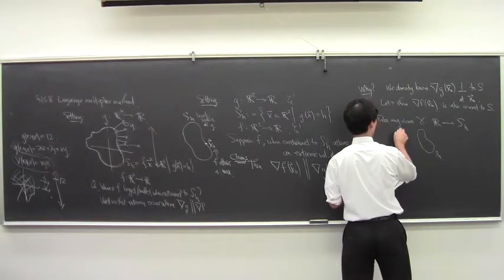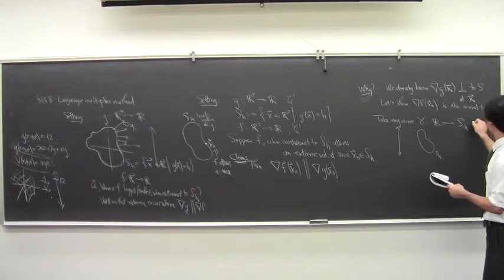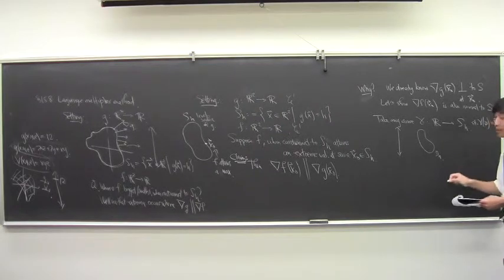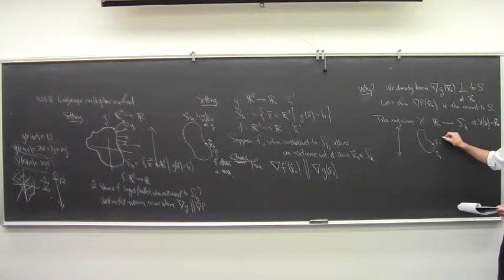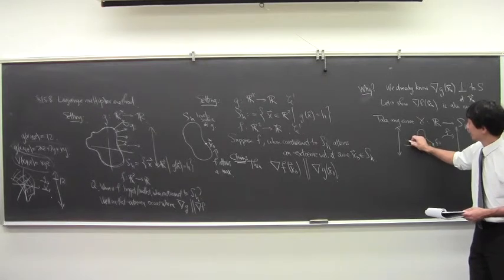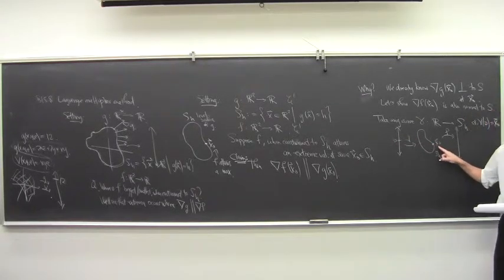We set it up such that gamma at time zero is that point x naught. So here's the point x naught. Our function f goes here, like this, and we're creating a curve gamma that at time zero runs through here.